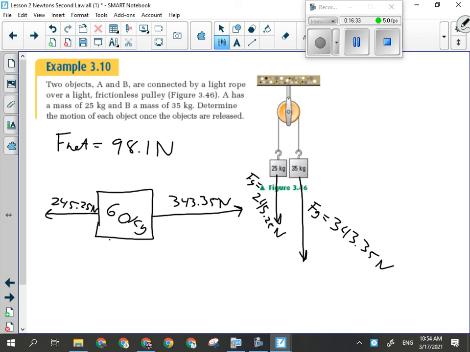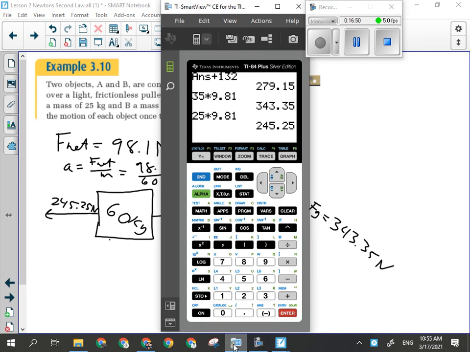Okay. Can I calculate the acceleration now? Right. Okay, so I can go acceleration equals F net over m. Right? 98.1 divided by 60 kilograms. Whoop, not times. Divided by 60.